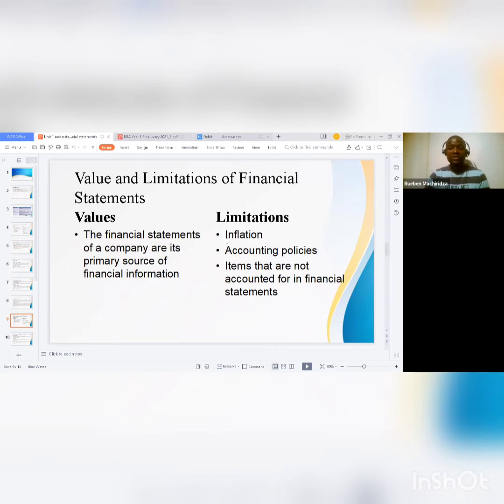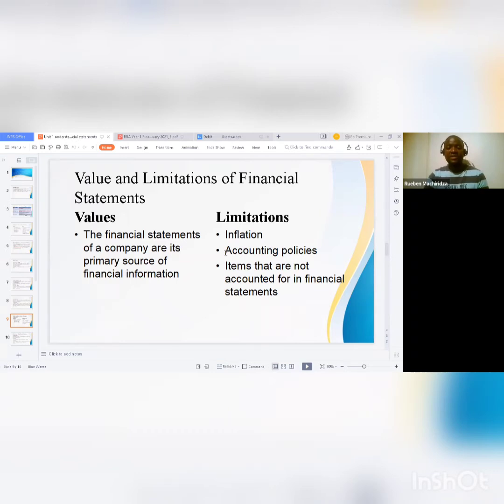So we cannot put the same value to those two same amounts because of the inflation effect. So we have a problem when it comes to the comparison of our financial statements. We might have made a profit this year, and then next year we realize a loss, but it is not really a loss, but the effects of inflation. So inflation is a limitation when it comes to the preparation and presentation of financial information.